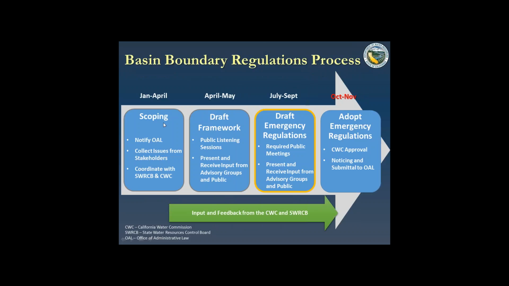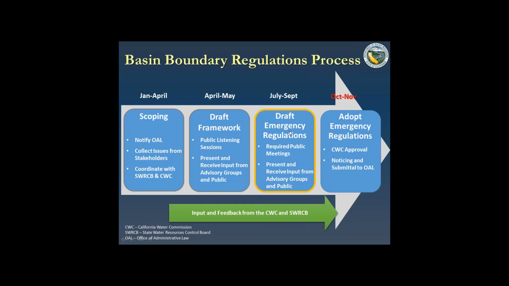It starts really with scoping and collecting the issues that I mentioned, through our communication process and coordinating with the state board. And then after the initial scoping, we develop a draft framework, or more of guiding principles, and we publish those online at our site, and then we receive more feedback through our public listening sessions.